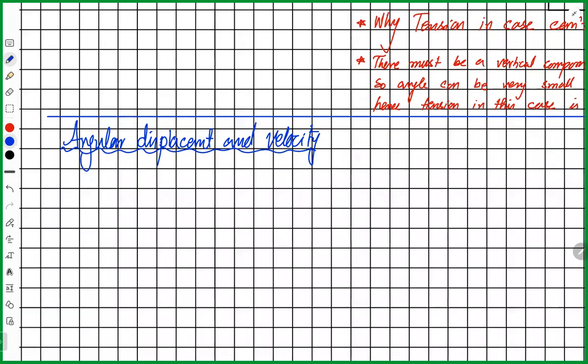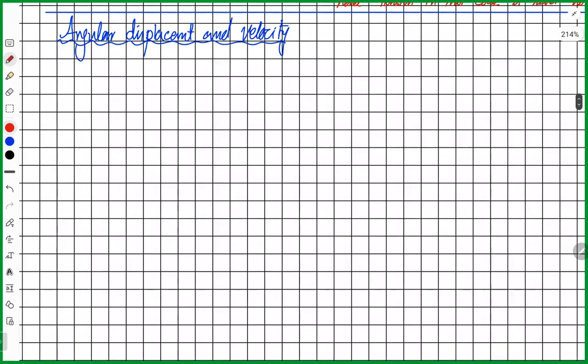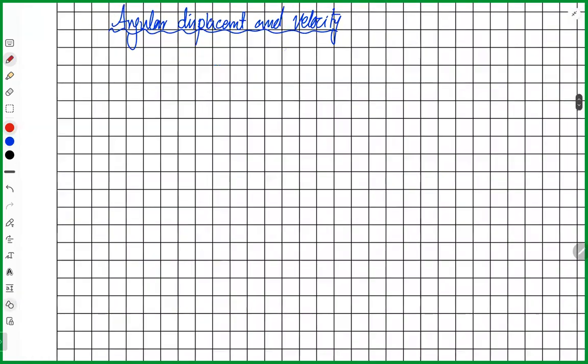If something is moving in a circular path and we are observing it from the center, we will find that the object is not changing its distance from the center. If it is moving in a perfect circular path and we are observing it from here, this is the origin, you will find the distance of the object always stays the same from here. But we can still observe that the object is moving.